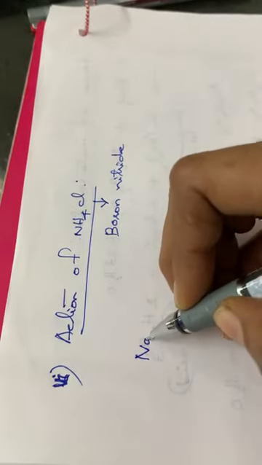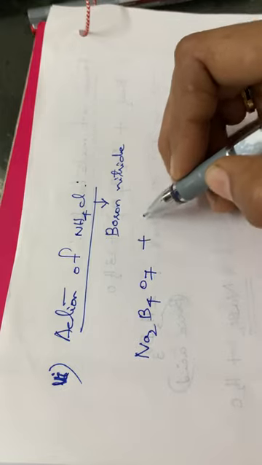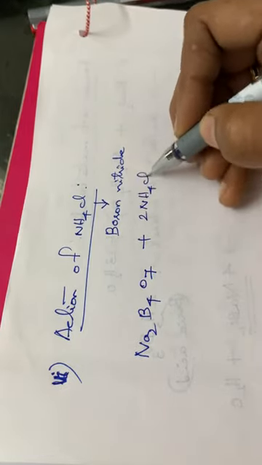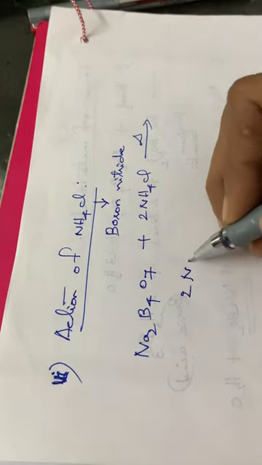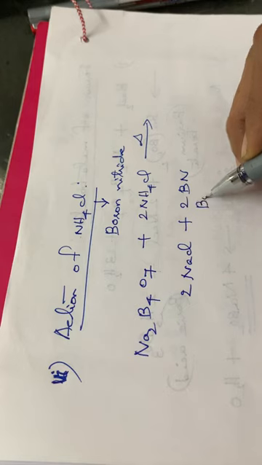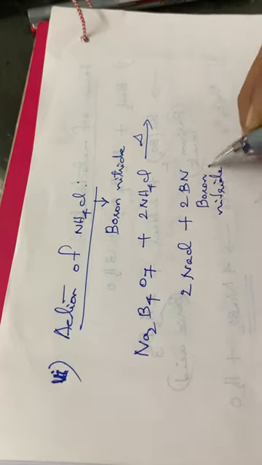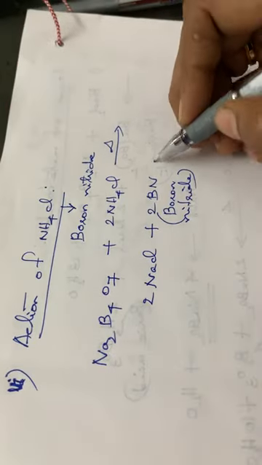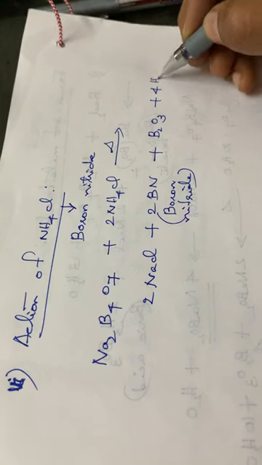So again, the reaction Na2B4O7 plus 2NH4Cl on heating gives 2NaCl plus 2BN. What is BN? BN is boron nitride, plus B2O3 plus 4H2O.